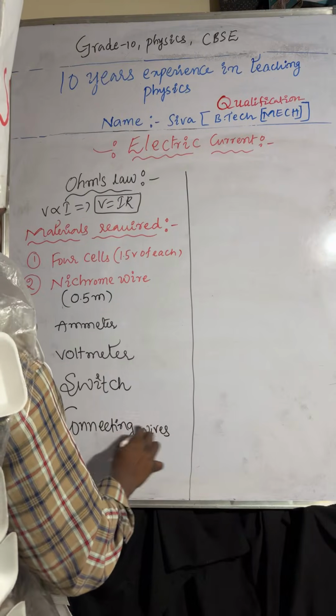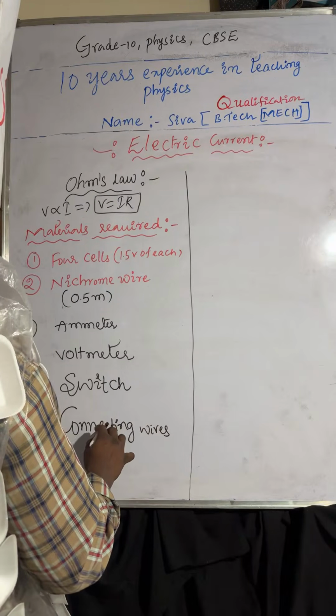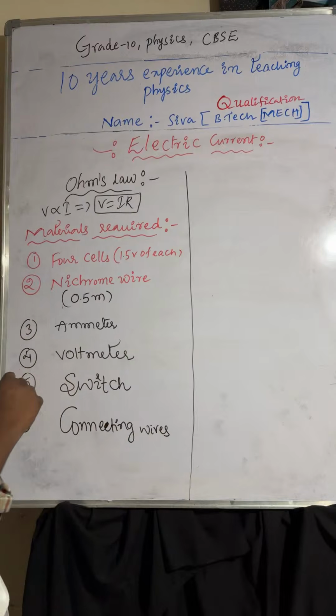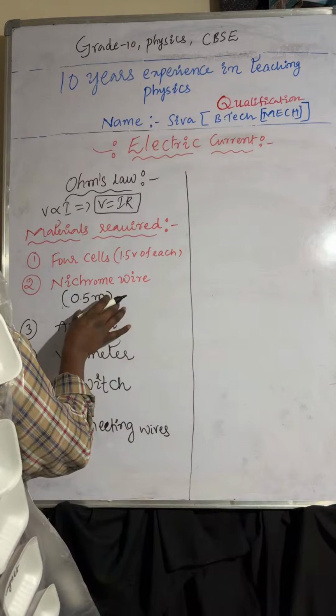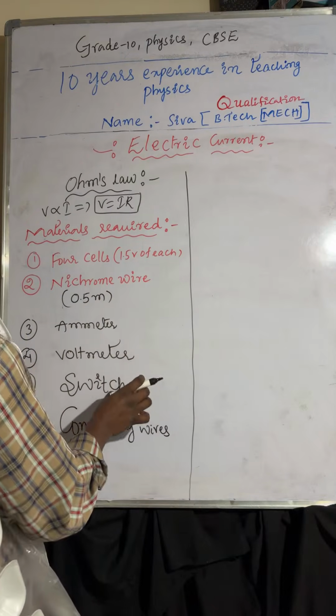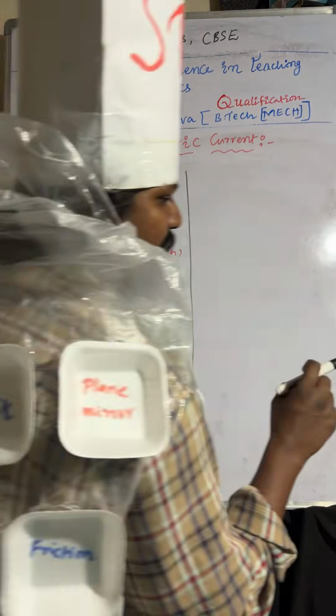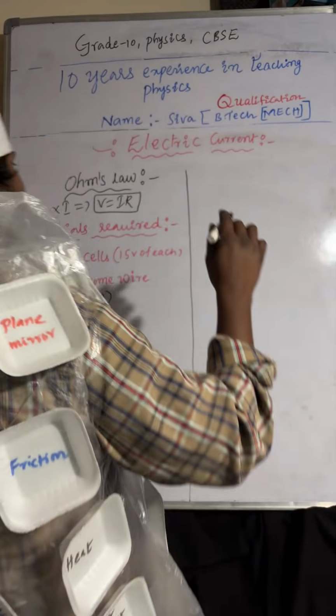These are the elements. Once again: 4 cells of 1.5 volts each, nichrome wire of 0.5 meter length, ammeter, voltmeter, switch, connecting wires.